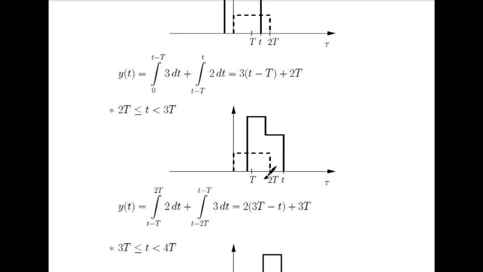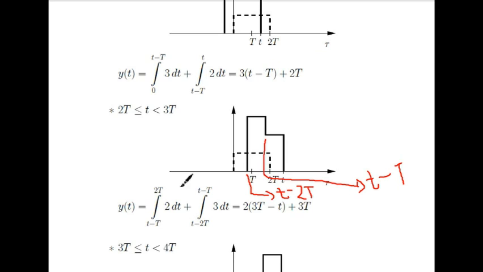This is t minus 2T, and this point is t minus T. So you can see that from t minus T to t it is 2, and from t minus 2T to t minus T it is 3. So you can compute the integral.